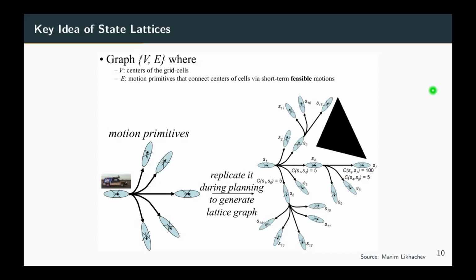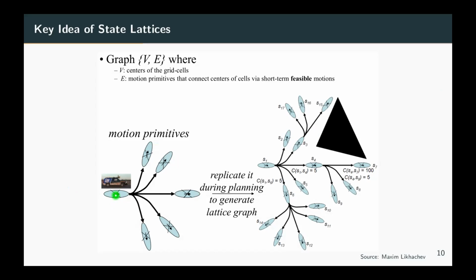Okay, so we want to apply this sort of idea of search-based planning to real robots. And here's again one example that I think you've also seen in the last lecture, where we have a car-like robot, and we want to use search-based planning to plan for this sort of robot that does not operate in a grid-like environment.